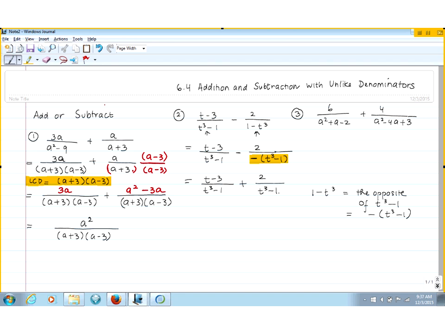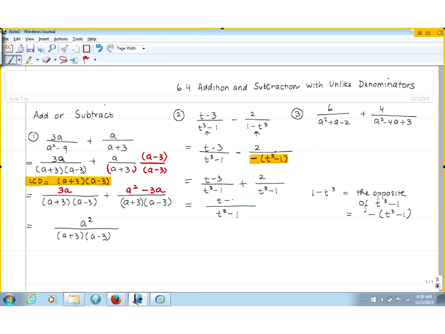Does that make sense? Now this is plus because I am canceling these two signs, negative and negative. So what do I have now? Do I have a common denominator? Yes, which is p cubed minus 1.